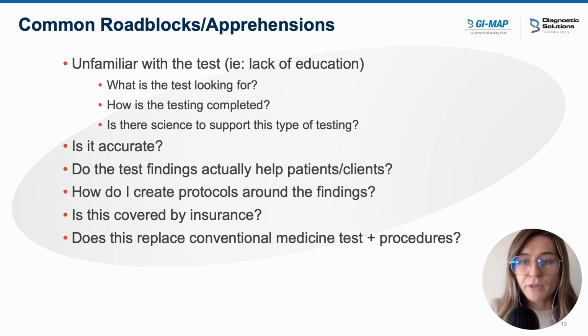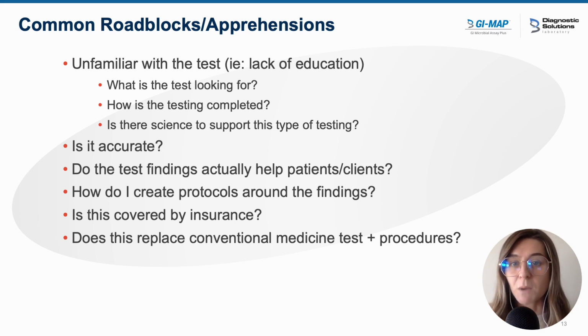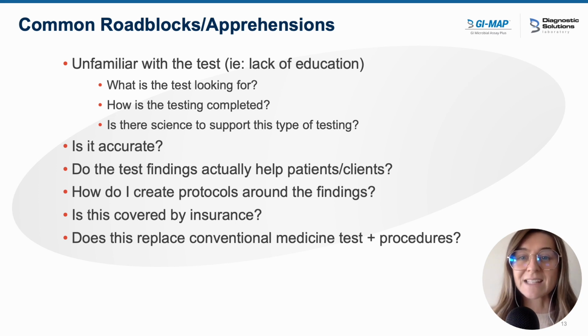The test is looking for pathogenic bacteria that are capable of producing acute illnesses, looking at commensal species responsible for postbiotic production, like short-chain fatty acids, vitamins, neurotransmitters. It's also assessing for opportunistic species, which can lead to inflammation, autoimmunity, in addition to looking at viruses, parasites, fungal overgrowth, and the digestive capacity of an individual.